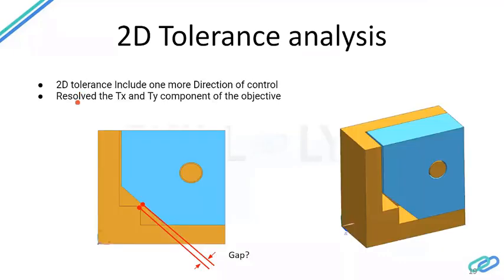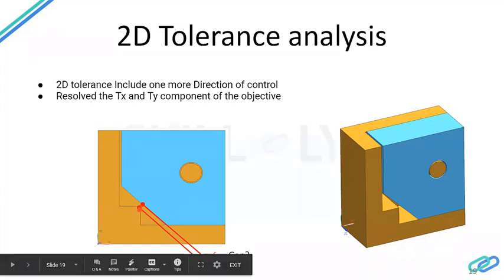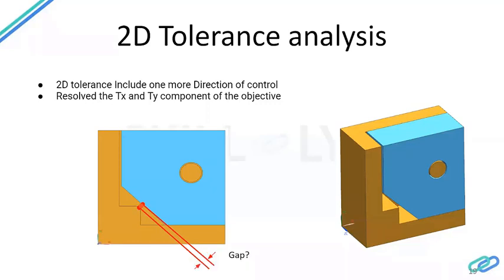Here, as I said, we are dealing with 2 variables. Let's say we have a small insert, like a poke feature, that we are going to put into this base part. We are going to check the variation of the gap of this slotted feature.